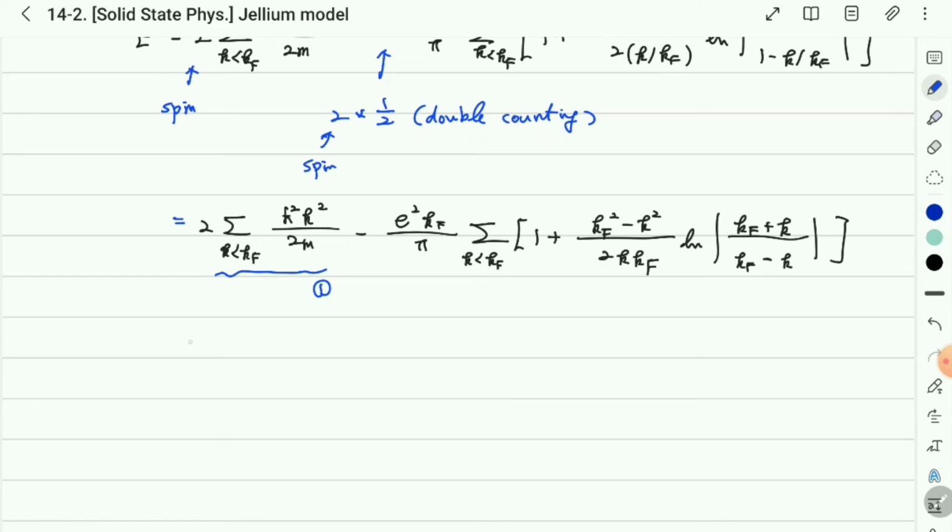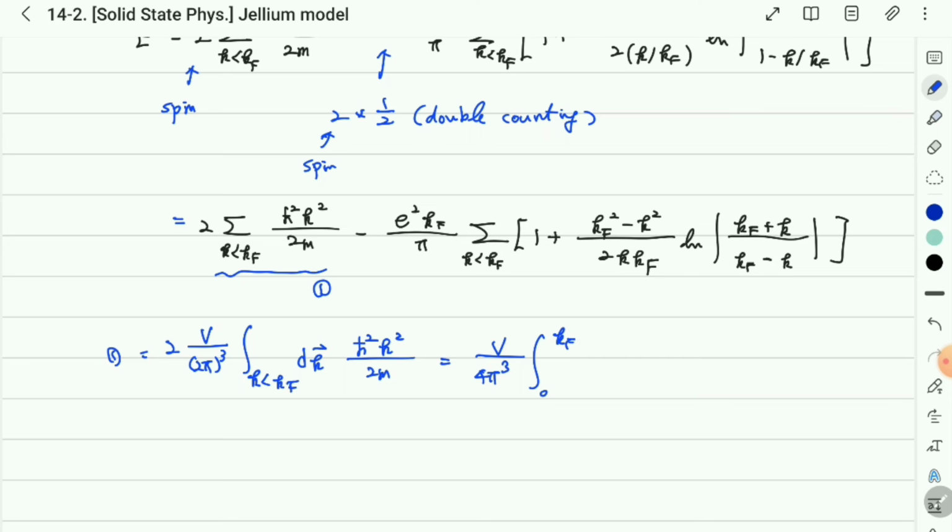Therefore, it is V over (2 pi)^3 and multiply 2, and the summation becomes an integration. k should be lower than kf, and d^3k, h bar square k square over 2m. Then it is V over 4 pi cube, integration from 0 to kf.